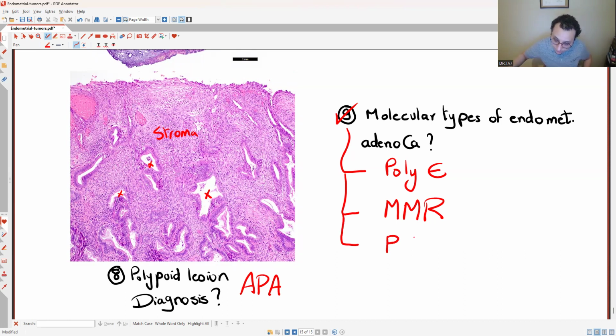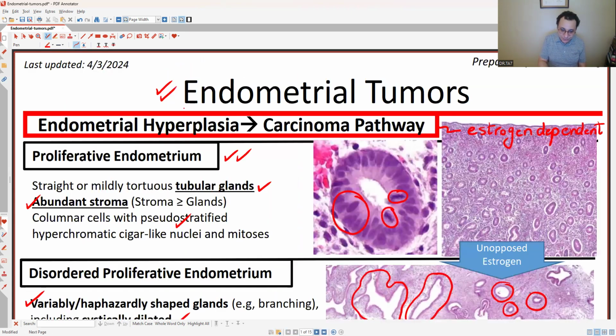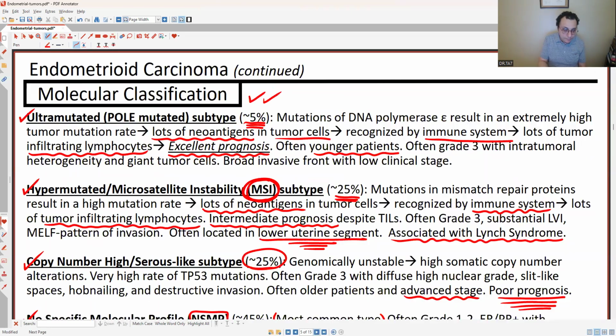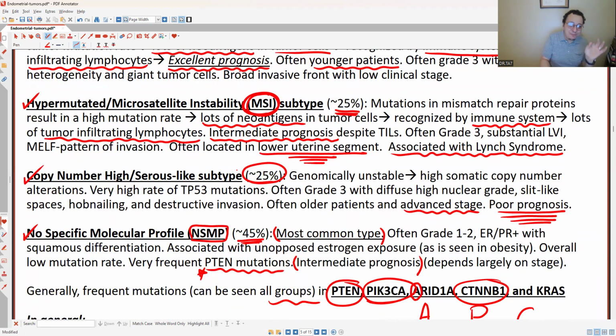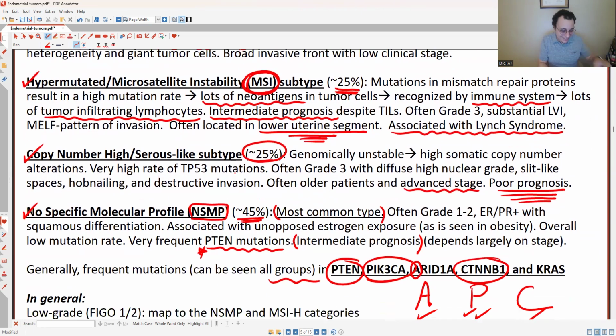The P53. Yes. P53 to rule out the serous carcinoma-like endometrioid. You remember this? Let's go back and memorize this together. It's in this page. I hate this kind of complex name. Ultra-mutated, polymerase-mutated subtype, hypermutated, microsatellite unstable subtype.